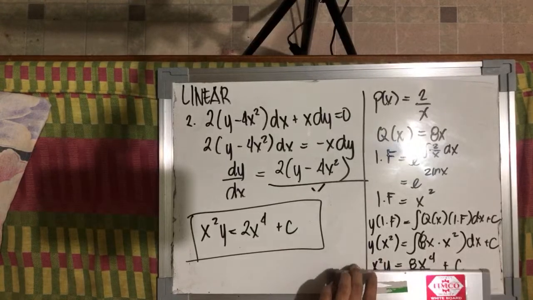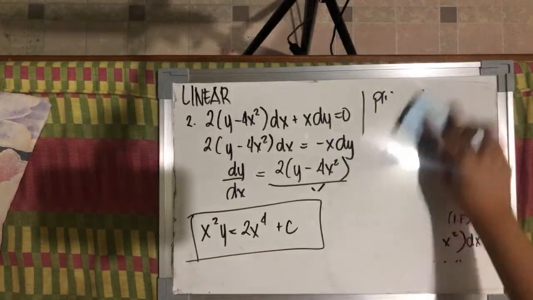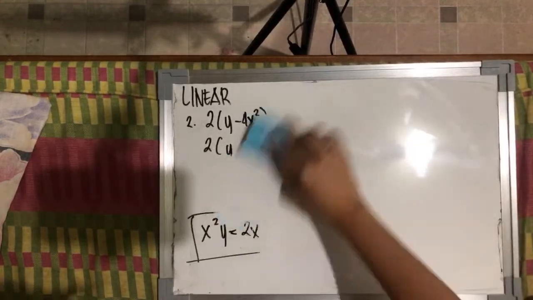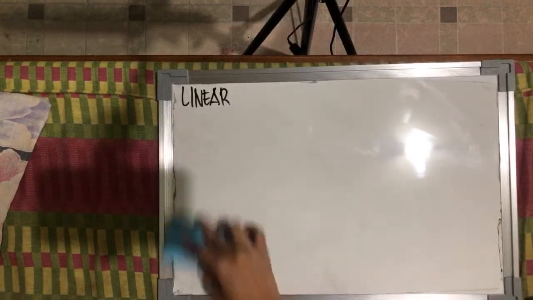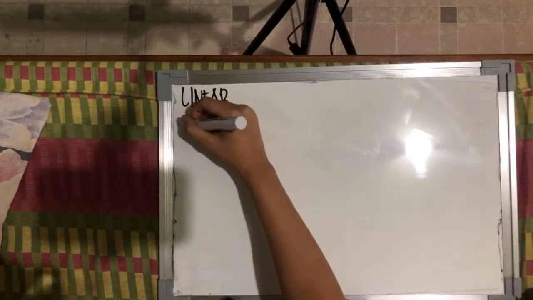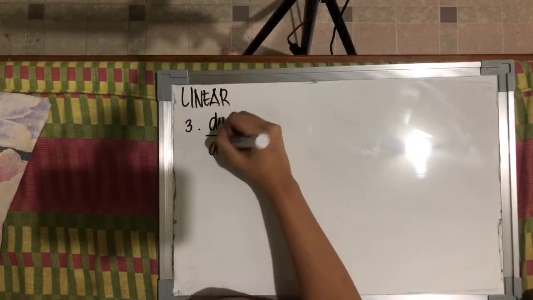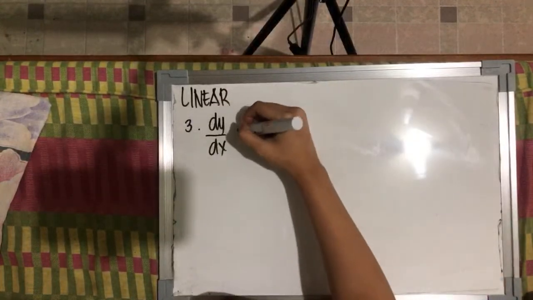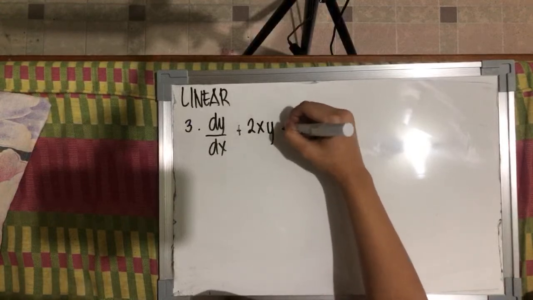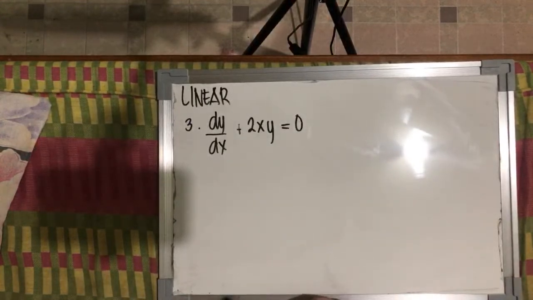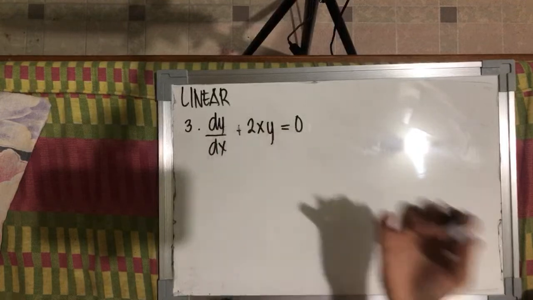Anyway, let's proceed to the third example. Example number 3. This one is easy. dy over dx plus 2xy is equal to 0. It's already in standard form.